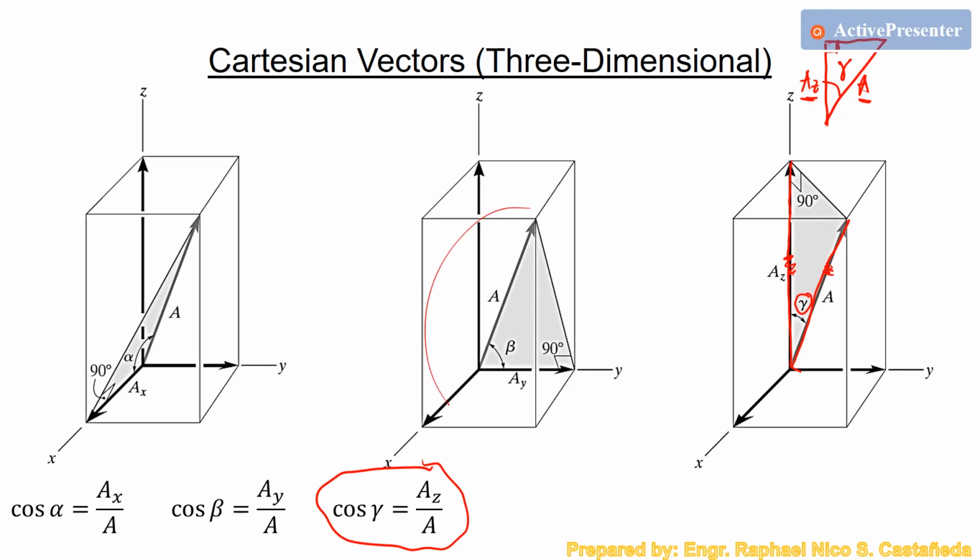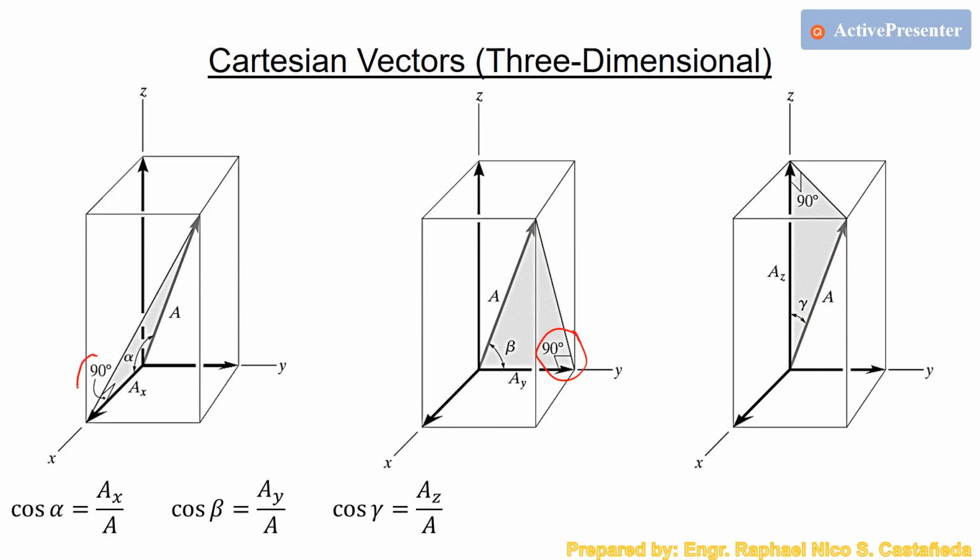Same goes with the other two triangles. You just draw right triangles. This one is 90 degrees if you imagine this as a three-dimensional figure, and this one is also 90 degrees. If you draw it, it will look like this.